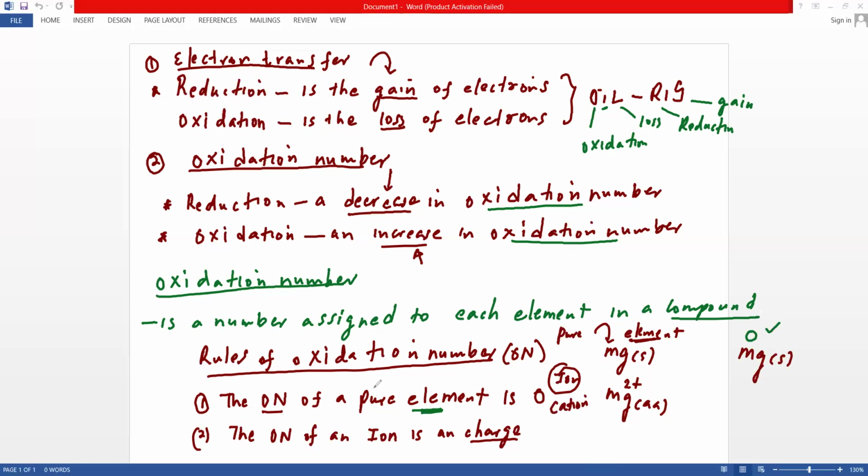An anion is when you are dealing with a negative ion, for example the sulfate ion. It's also an ion, but it's an anion. The oxidation number of an ion is the ion charge, which means the oxidation number of the magnesium ion is just its charge, so it's 2.